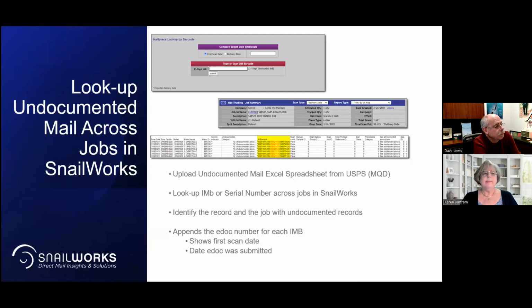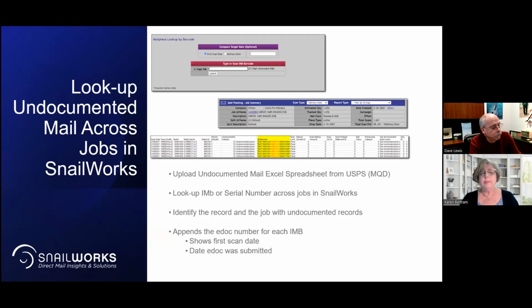Our undocumented mail tool is really useful for people participating in seamless acceptance. And I believe most of the participants today are either already active in seamless or they're in the test mode. If that's the case, you probably have some nervous days wondering what your scorecard's going to look like at the end of the month, and if you're going to be hit with any undocumented mail assessments.